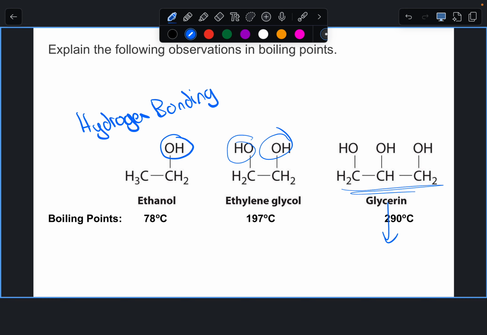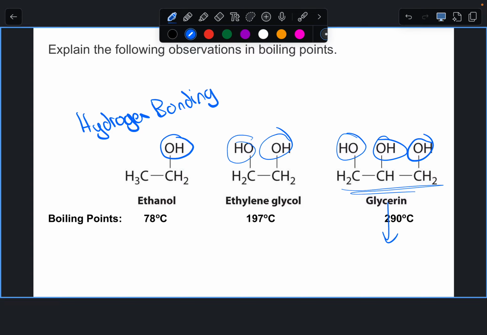Glycerin, you know how hand sanitizer is thicker? It's basically rubbing alcohol with glycerin in it. So that's why it's a little bit thick and gel-like. So that's glycerin, and that's got 3 OH groups on it. So comparing ethanol, which is just straight liquid, ethylene glycol is a little bit thicker, and glycerin is very, very thick.